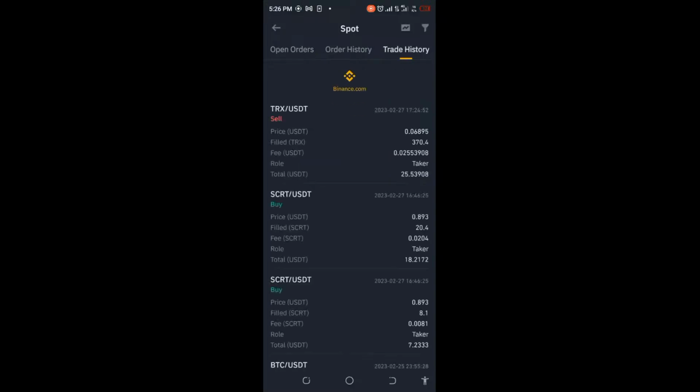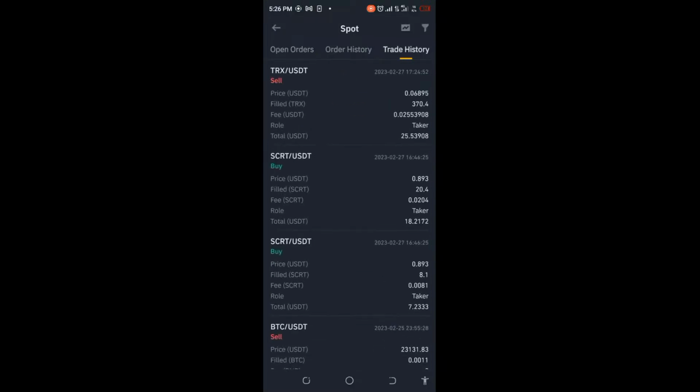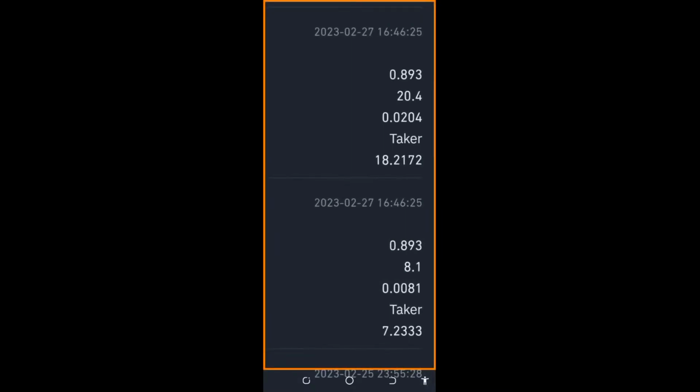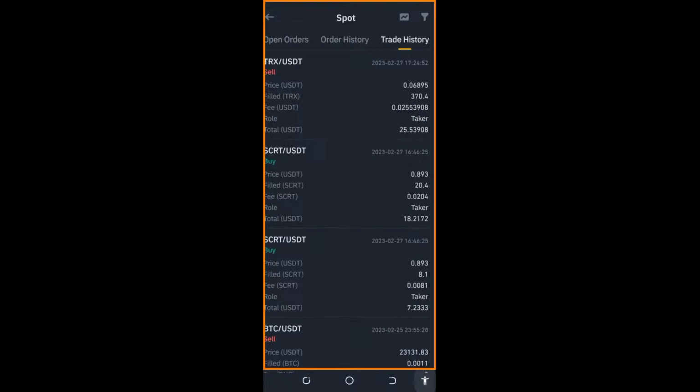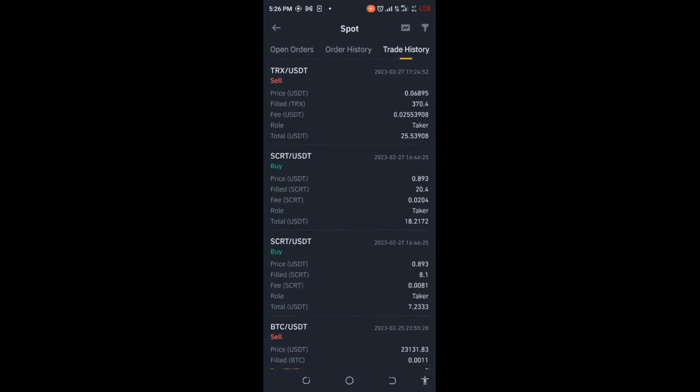The trade history shows it bought in 2 parts. We have 18.2 and we have 7.2. So that means if you add everything together, that's like 25.44, something in that range.